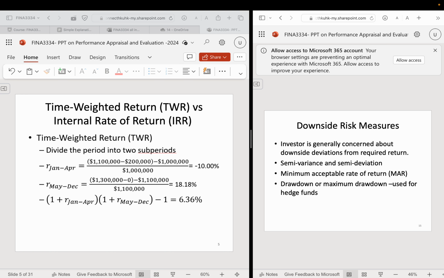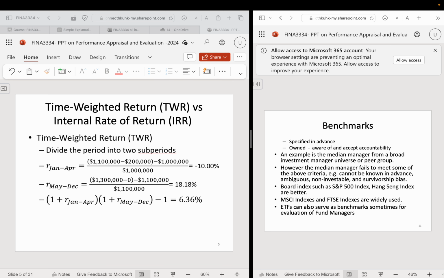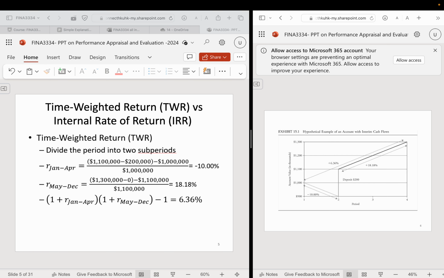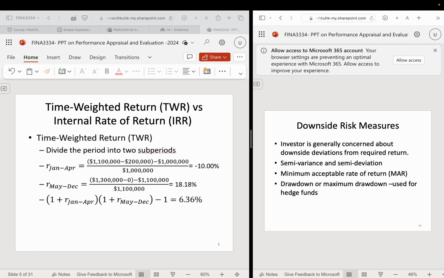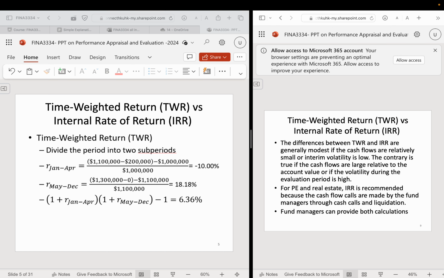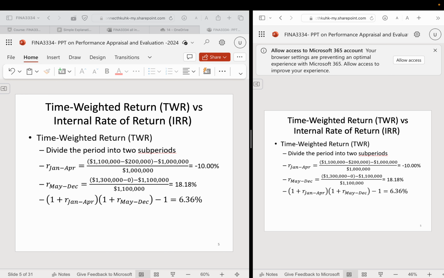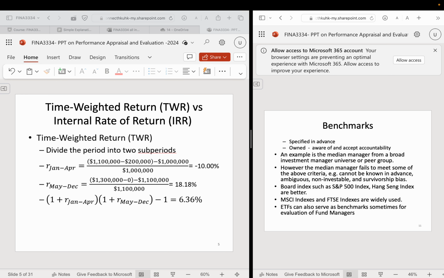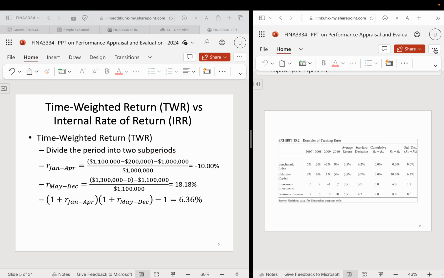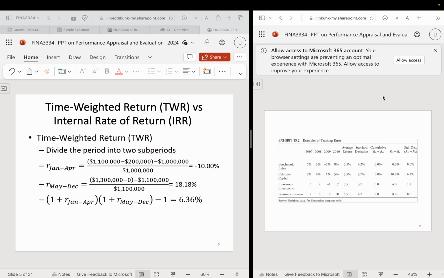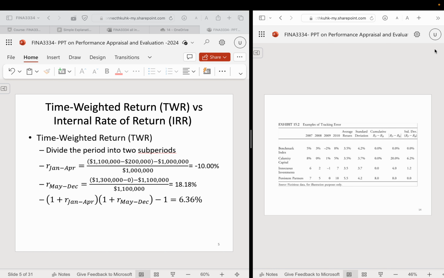We will prefer using the time weighted return, because it represents the opportunity cost. So this is about the time weighted return versus the internal rate of return.